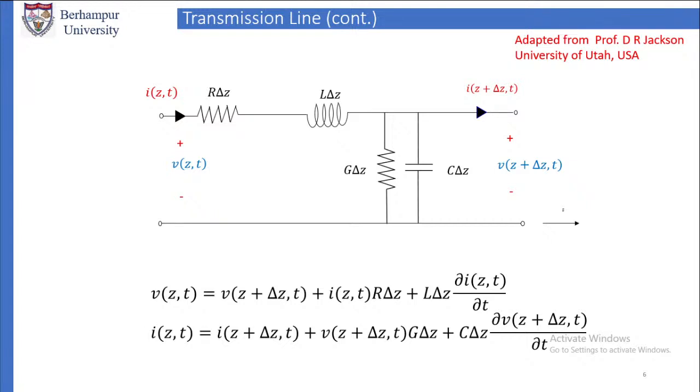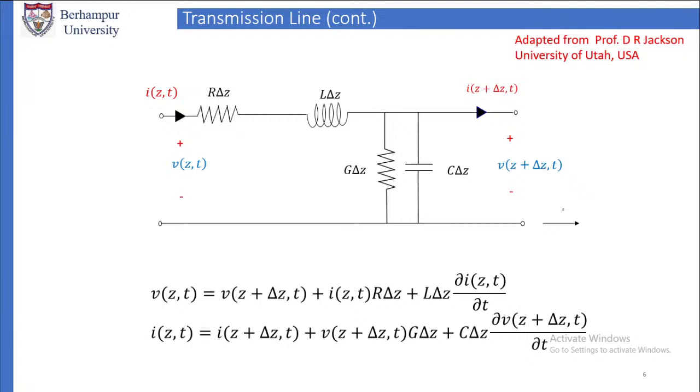Similarly, across the inductor, as you know, V is equal to L dou I by dou T. Inductance value is L delta Z. So the last term will be plus L delta Z dou I(Z,T) by dou T.